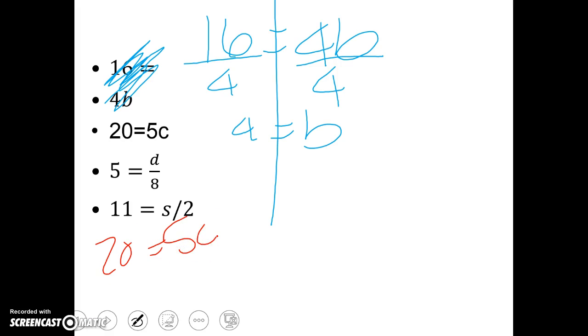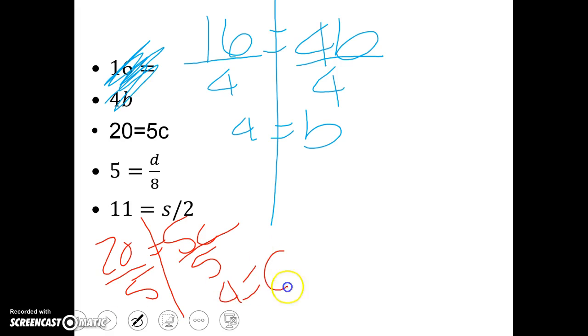What's attached to my c? 5. By what operation? Multiplication. What's the opposite of multiplying by 5? Divided by 5. Split them down the middle. Divide by 5. Divide by 5. And I get 4 equals c. Okay, plug it back in. Does 5 times 4 equal 20? Yes, that's correct.